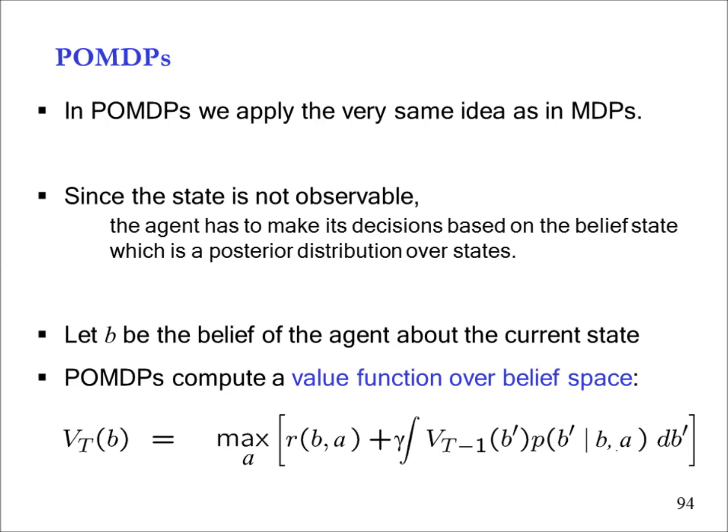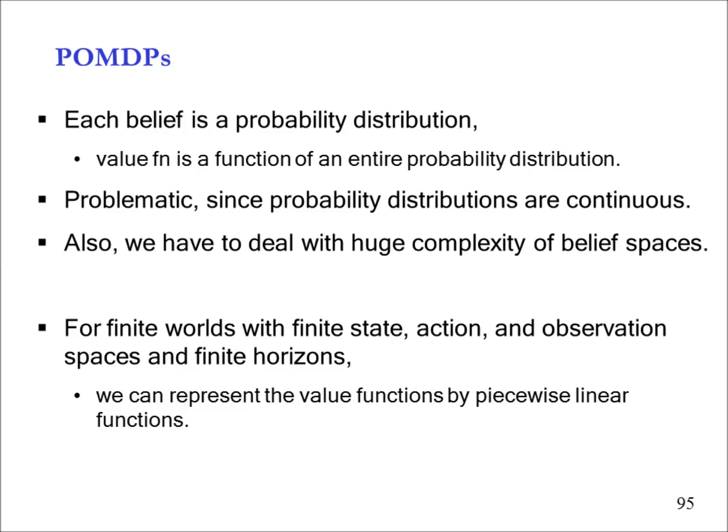If I have n states, I could have any probability distribution over those n states as my belief. So the size of the belief space is uncountably infinite. So now I am in a very difficult problem. The formula is very clear, but computing this is intractable, really hard, because this belief space is uncountably infinite.